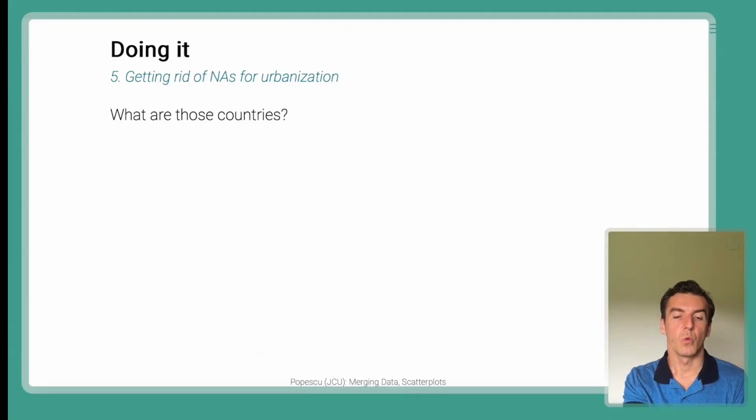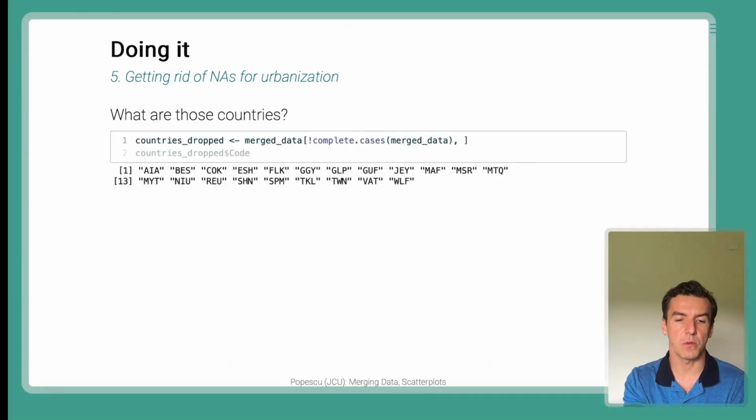Okay, what are those countries? One important task when we do merges or when we drop data is to understand our data. What are the countries that we end up dropping?